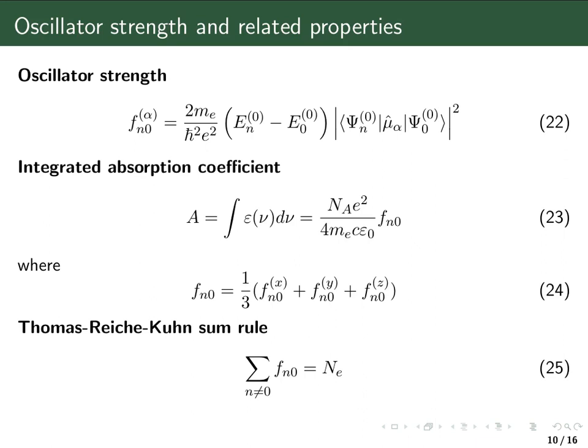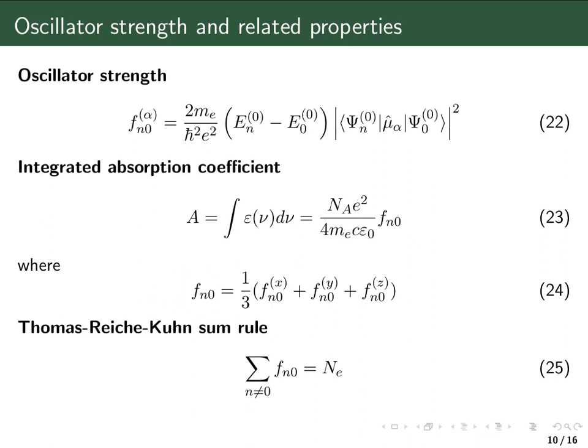So the oscillator strength is what we directly get from a spectrum, and we can calculate it from the excitation energies and these dipole transition moments. And as I said, the total oscillator strength you get as the sum of the x, y, and z components. I have divided by 3.